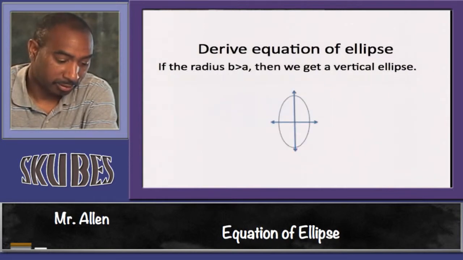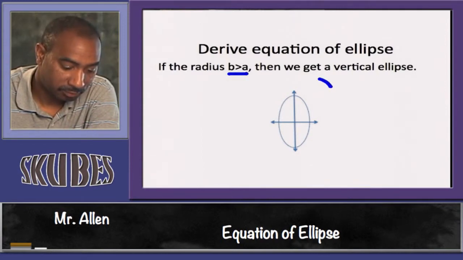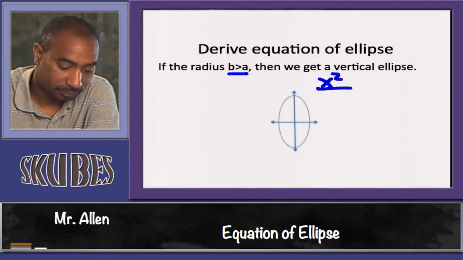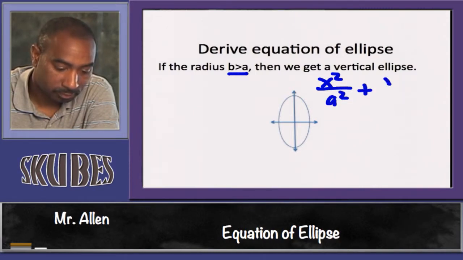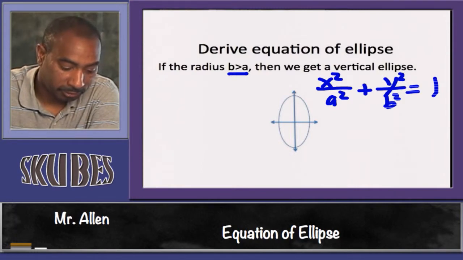Likewise, you get a vertical ellipse when b is greater than a. If this number is greater than a, then you get a vertical ellipse.